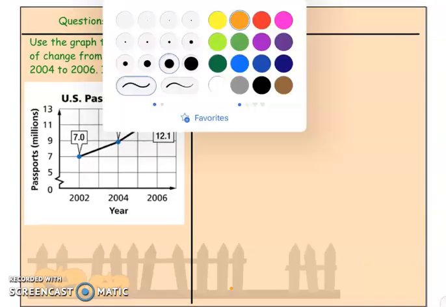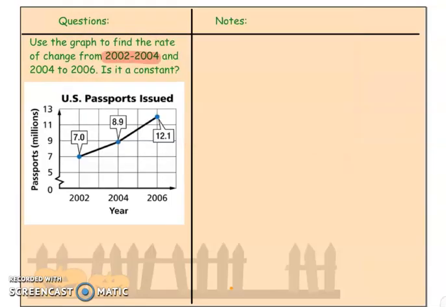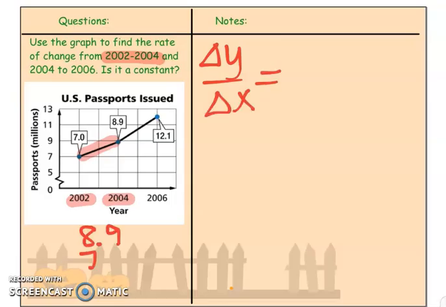Okay, next one. The rate of change from 2002 to 2004. So if we do the change in y divided by change in x, 8.9, so it went from 7 to 8.9. So that's an increase of 1.9. It's important to recognize the graphs we've seen so far were both increasing.